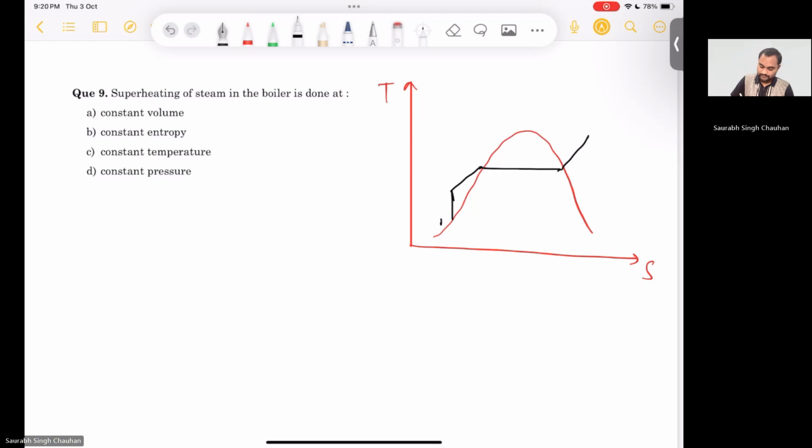Okay, so from point 2 to 3. First of all, I will tell you that this is a constant pressure line as well. So 2 to 3, it is heat addition in boiler.